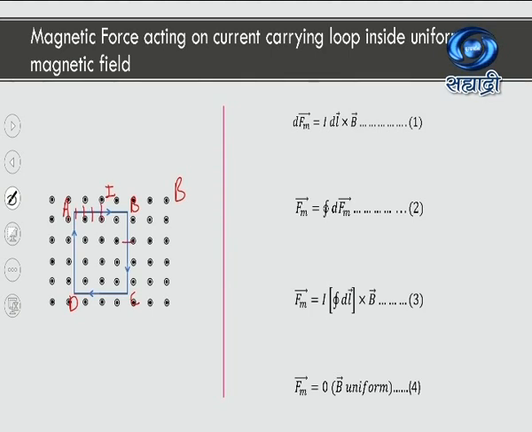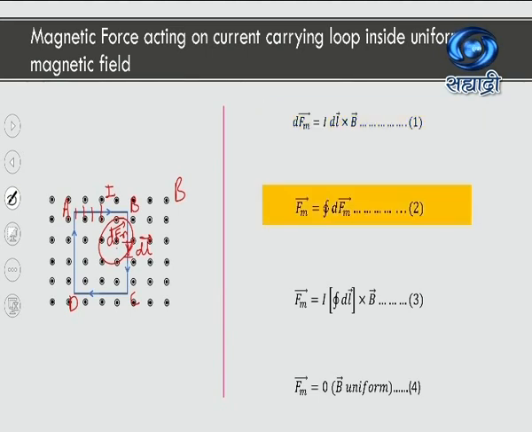I'm going to take one such small length dl somewhere here, and this segment carrying current I will experience a small magnetic force dFm. This dFm is nothing but given by equation number 1. dFm is equal to I dl cross B.